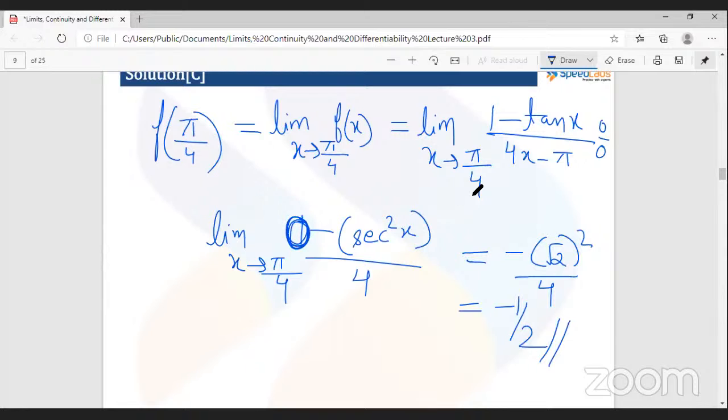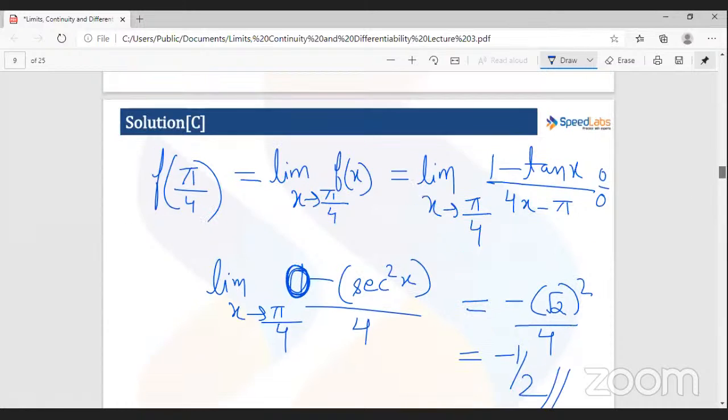Ma'am, isn't L'Hospital only for when x is tending to 0? No, you can apply it here also. Okay, so x can be tending to anything. Yes, it is valid here. Okay. So now the answer is clear.